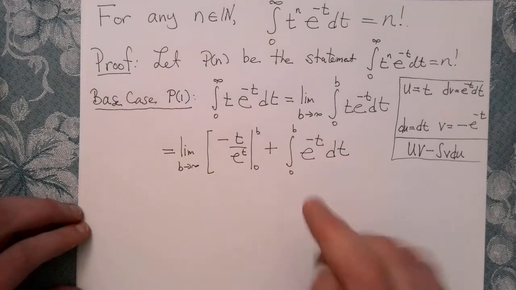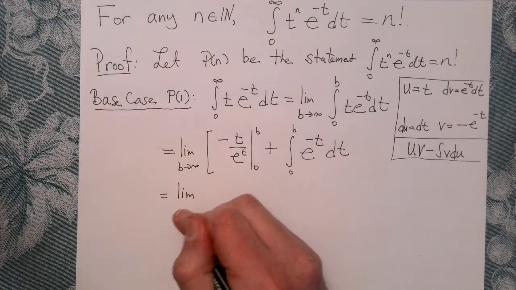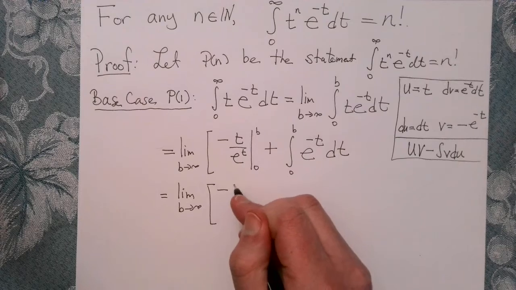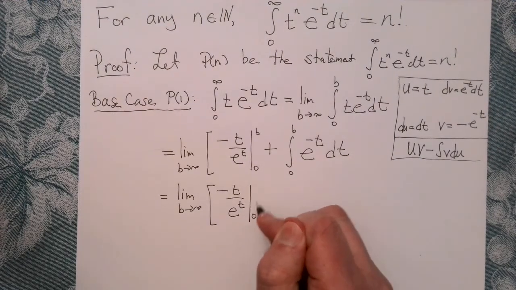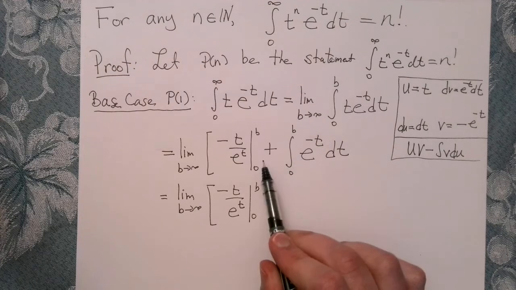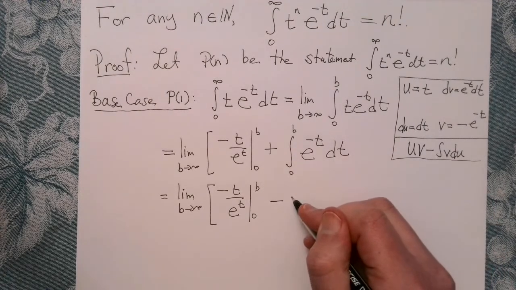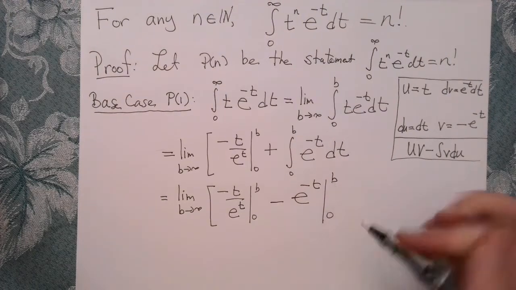Let's go ahead and integrate this. So this will stay the same right here. So this is still minus t over e to the t from 0 to b. And this will be, looks like, minus e to the minus t from 0 to b.